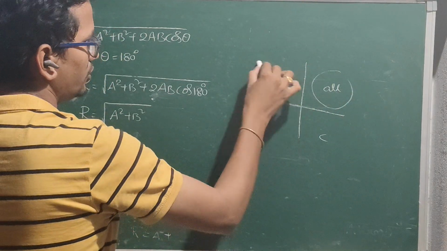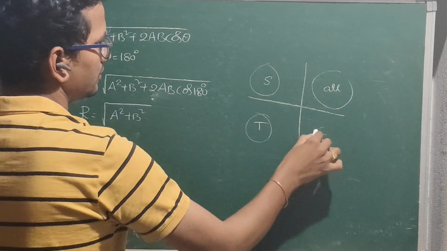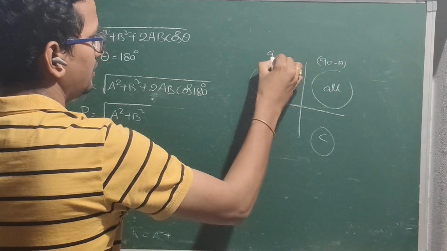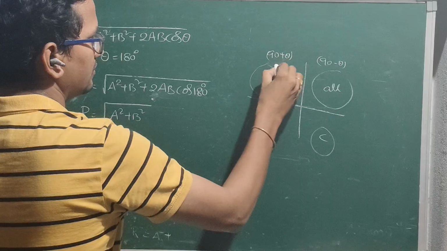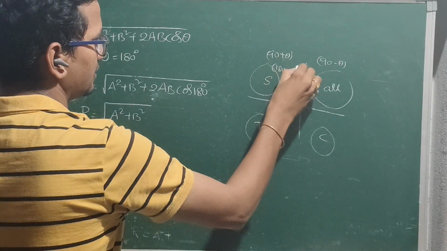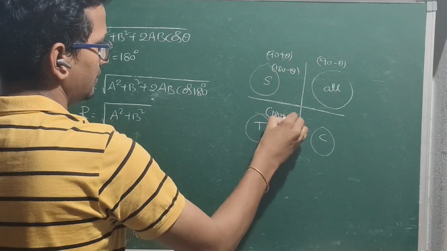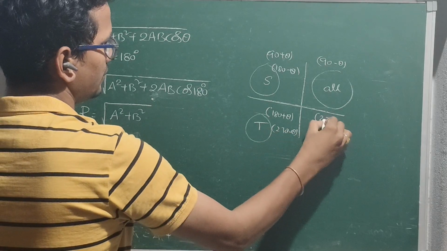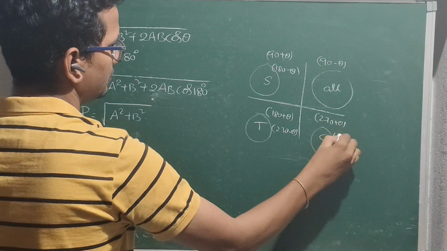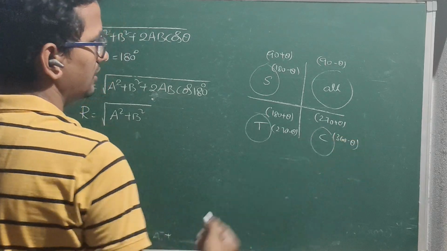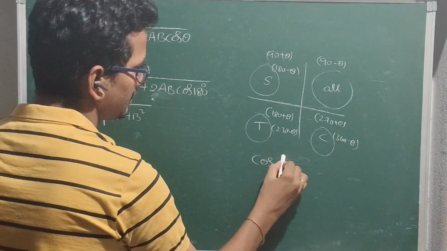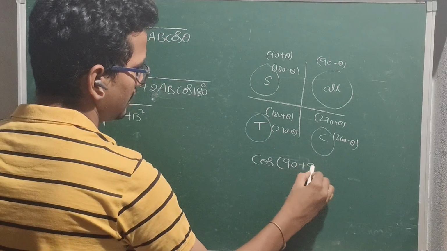Here only sine is positive, here only tan is positive, here only cos is positive. The values are 90 minus theta, 90 plus theta, 180 minus theta, 180 plus theta, 270 minus theta, 270 plus theta, 360 minus theta. Now, cos 180 means how can you write it? 90 plus 90.